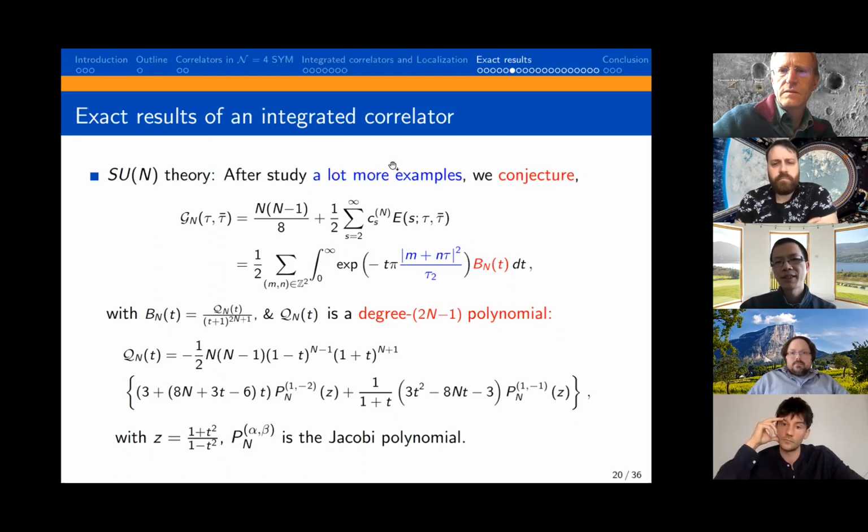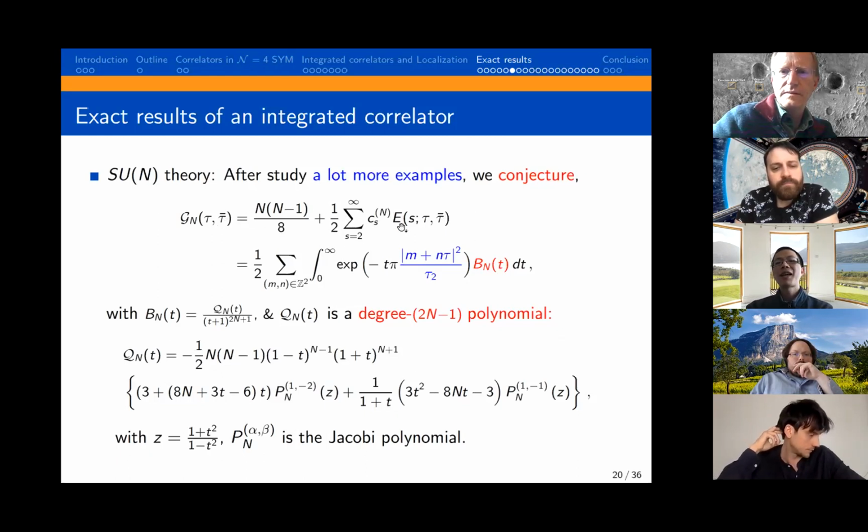Anyway, we studied a lot of examples, then we came out with this conjecture. So the structure is clear. First of all, this formal sum, let me emphasize it again, is very helpful. This expansion in terms of Eisenstein series is really helpful.